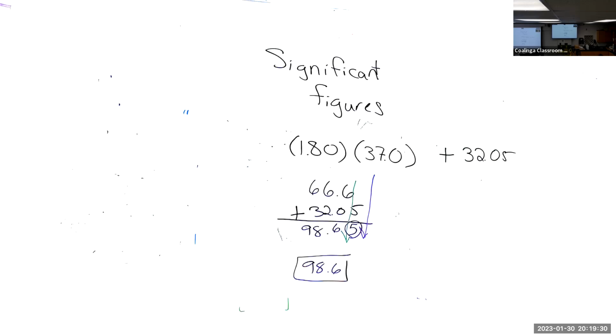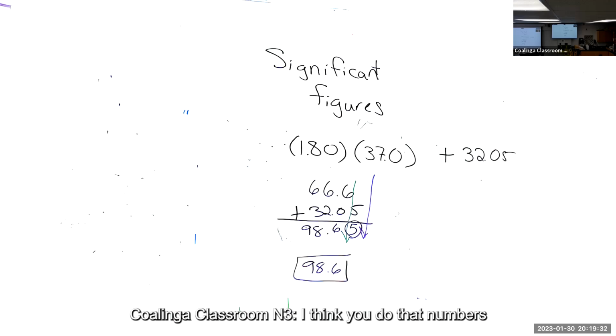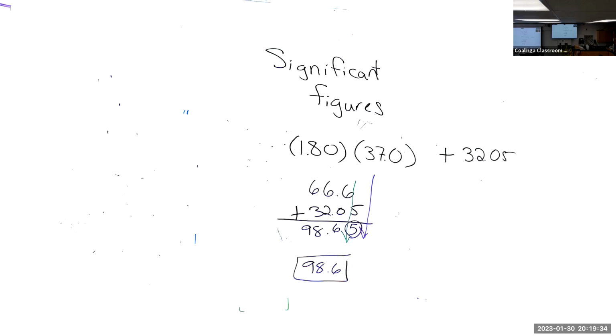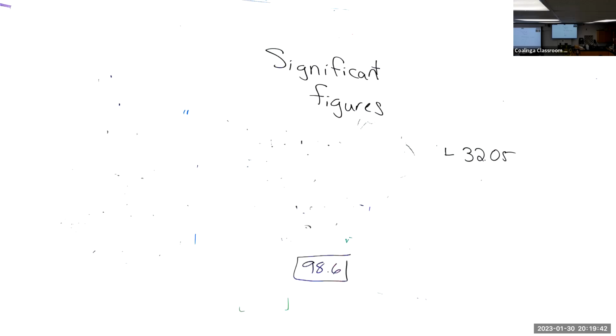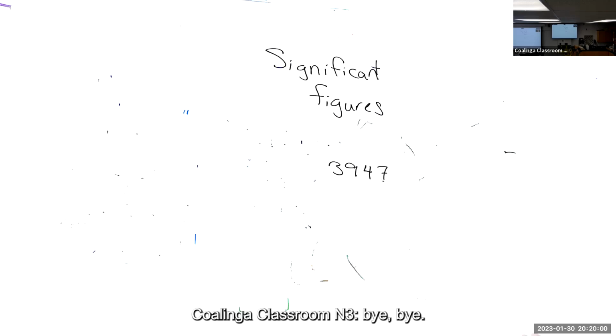Everybody is going to give you the numbers. I got 395. And 395 for the second one. 3947. 0.7593.